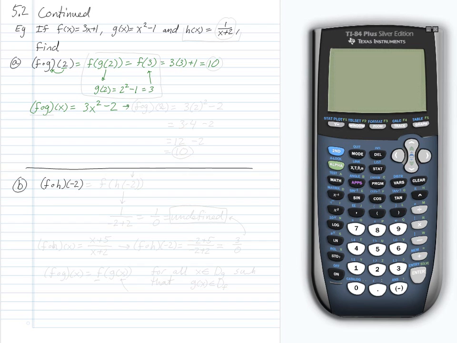So f composed with g of 2 would be 3 times 2 squared minus 2. Well, 3 times 2 squared, we'll square the 2, that's 3 times 4 minus 2, that's 12 minus 2, and the result is the same. We get 10 in both cases.